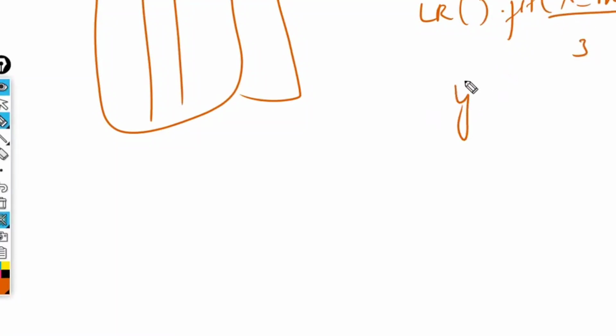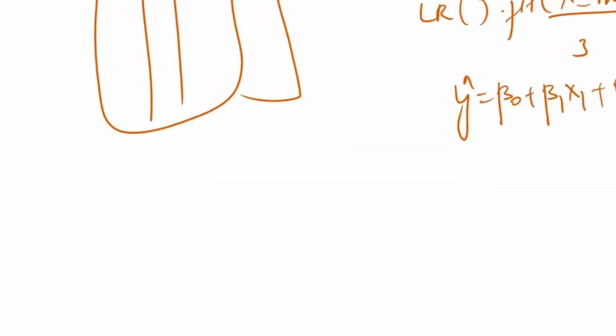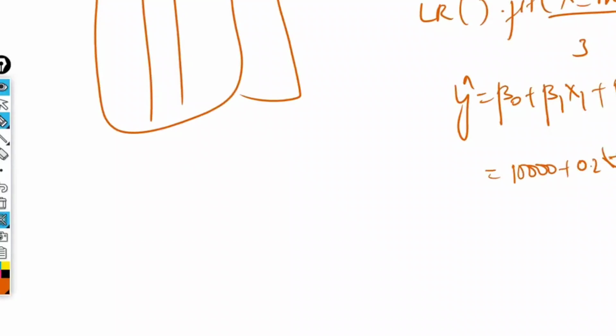Now it has identified the relation y hat equals beta 1 x1 plus beta 2 x2 plus beta 3 x3. Assume the intercept is something like 10,000, and the equation is 0.2 into TV, 4.8 into radio, 6.9 into newspaper. Assume you have got some equation like this. This is the model: model equals linear regression, fitted on X and Y train.